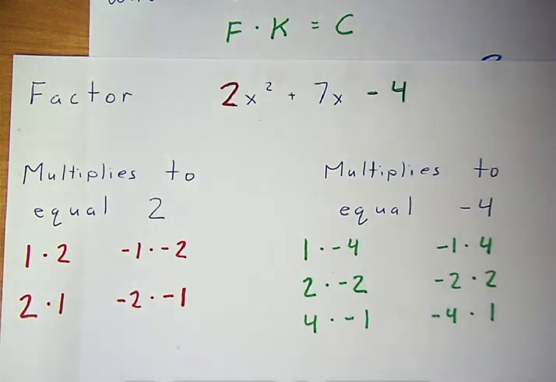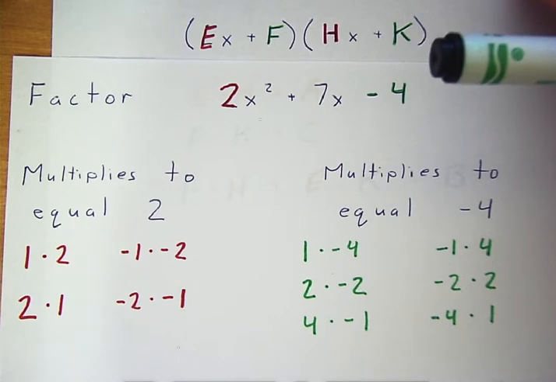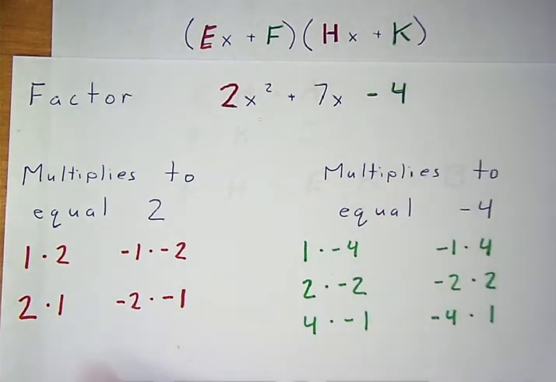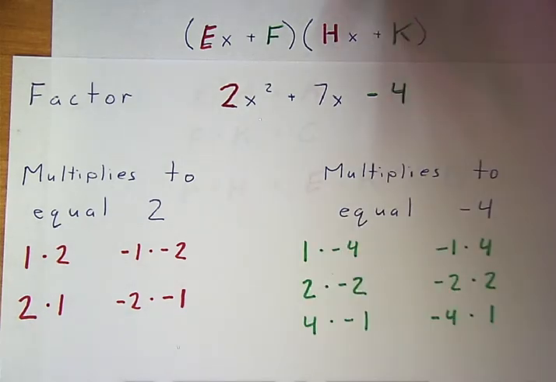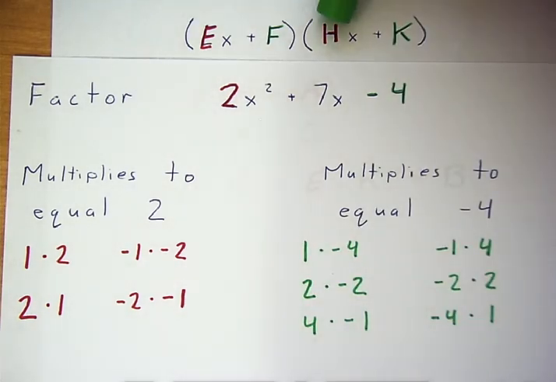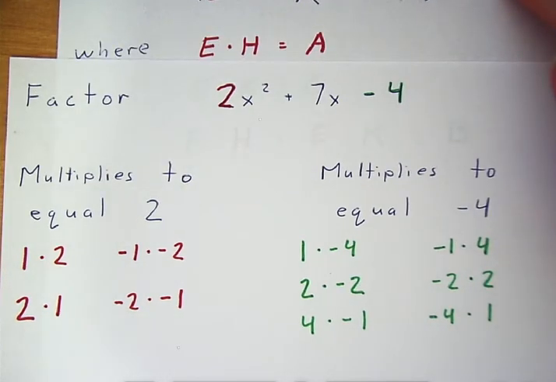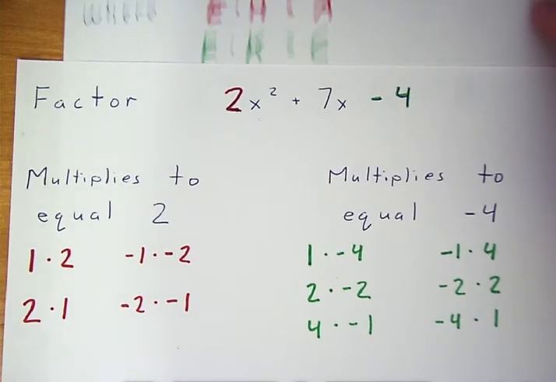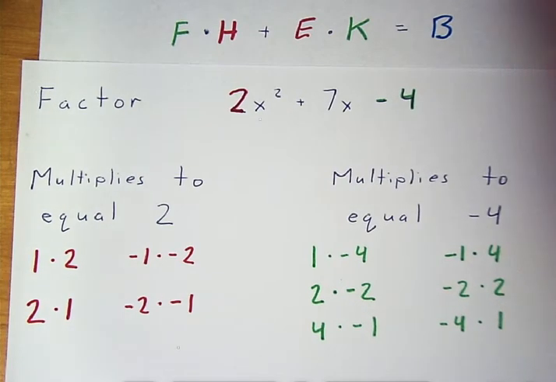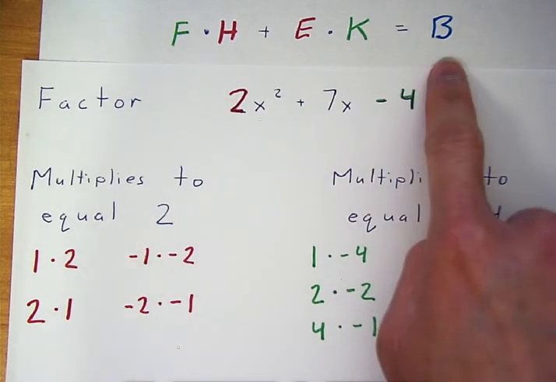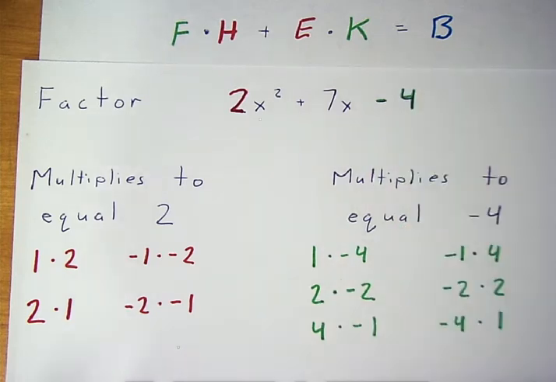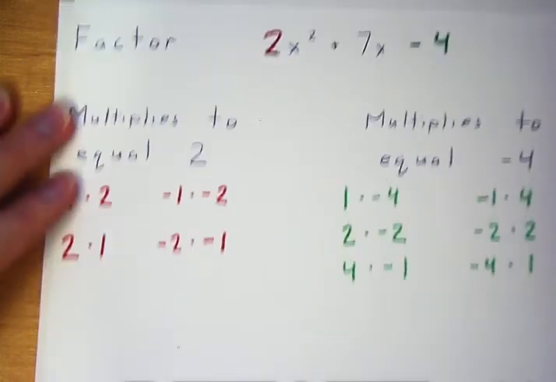So at this point, I have all my possible values for E and H, and all my possible values here for F times K. The hard part is going to be to figure out B. For B, I need a bit more complicated of a thing. Let's pause that part for a second.